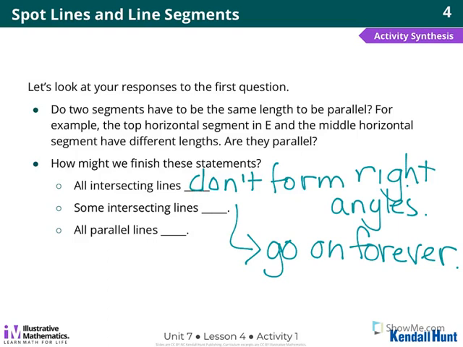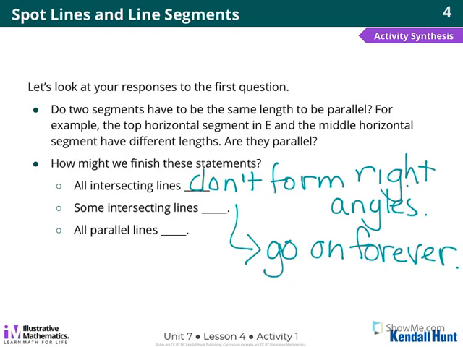Okay. I have a question. Can't intersecting lines make right angles? Uh-huh. So then all intersecting... Do perpendicular lines intersect? Yes. Are all intersecting lines perpendicular? I forgot. Are some? I wonder if that's what they're going for here.